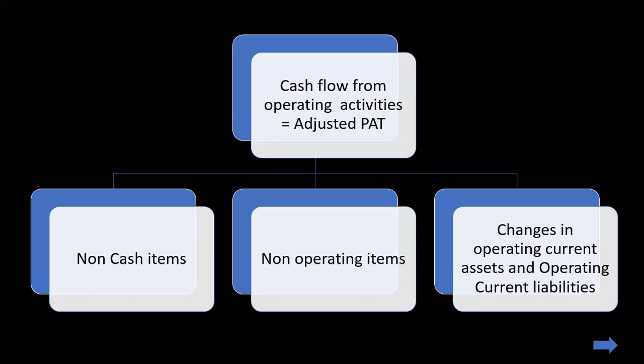So one can derive CFO from the income statement, even if the cash flow statement is not given, because of this indirect method of deriving CFO. Ind AS 7 says that the indirect method is recommended. So most of the companies show CFO by using the indirect method.